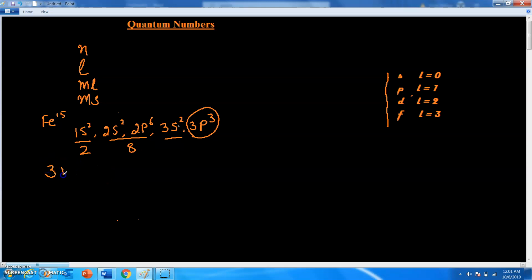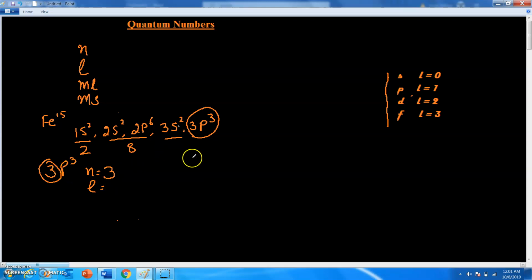Now according to this 3p3, how we'll find the N? This number is N. Next comes L. How to find L?